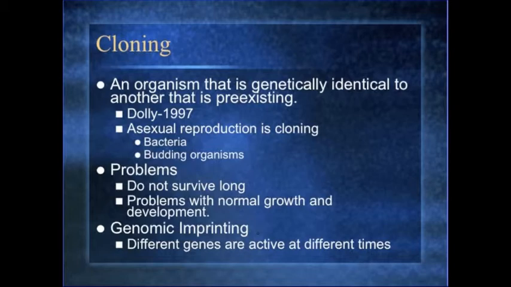Different genes are active in different cells, and they're also active at different times. So they believe that one of the reasons that clones aren't as healthy and don't live as long as the original organism is genomic imprinting: the genes aren't functioning when they're supposed to, and or the genes in the specific cell that they use are already too specific to that cell.